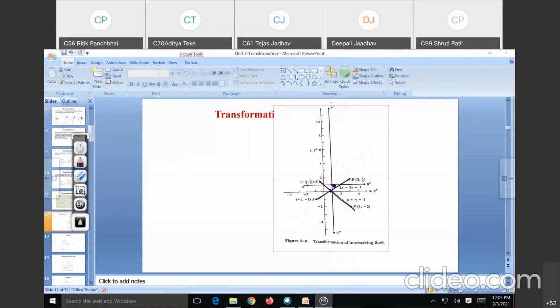This is the new lines A star B star and E star F star, and its intersection point is here. If we transform the original intersection point with the same matrix T, we will get this same point, which is 1, 1.